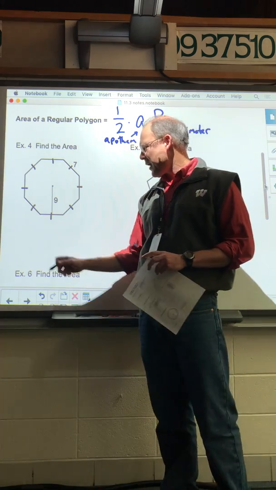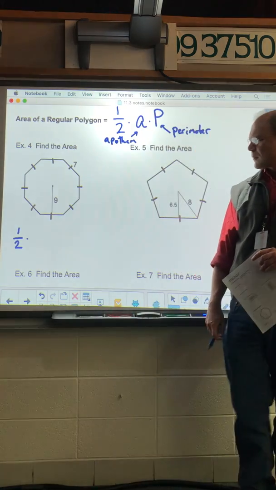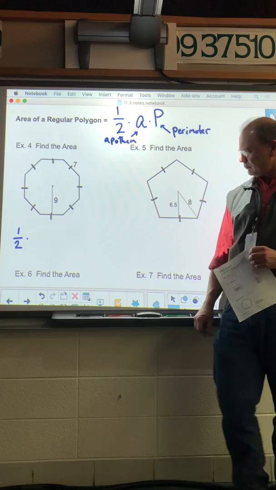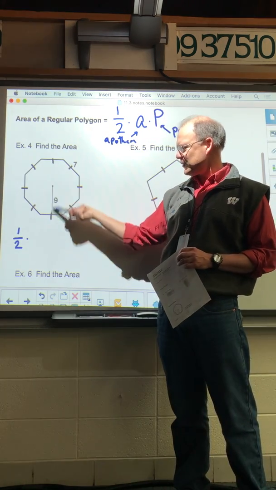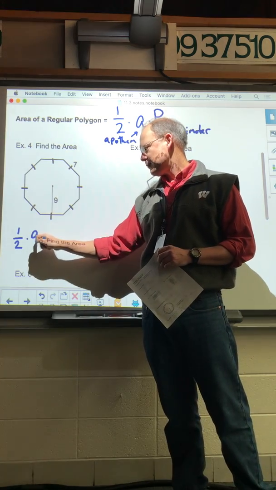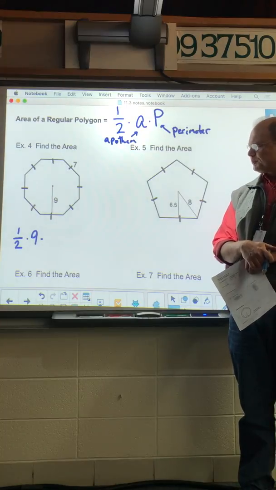We're going to do 1/2 apothem times perimeter, so 1/2. Do we know the apothem? The apothem is from the center down to the middle of one of the sides, so there's the apothem right there. It's 9. Do we know the perimeter?